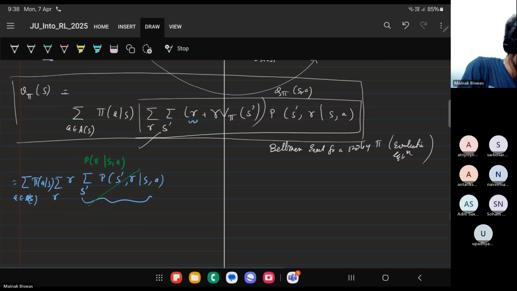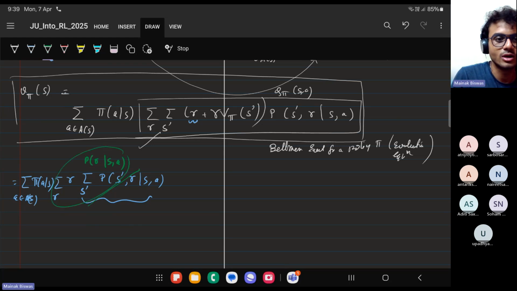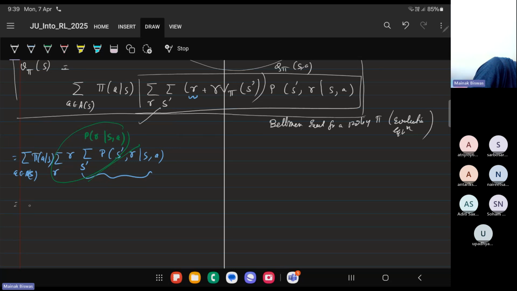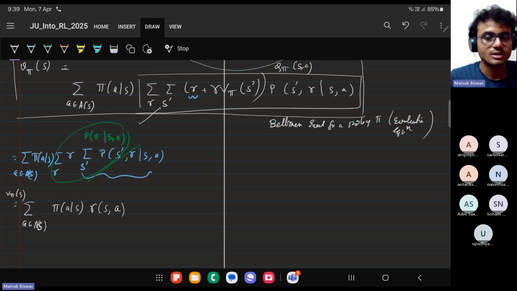So now what is this term going to be? Again, we defined this already. Expected reward, the two-argument reward. So this is the sum of pi of a given s times the reward for a particular state s and an action a. This is v pi of s, right? Plus what else?